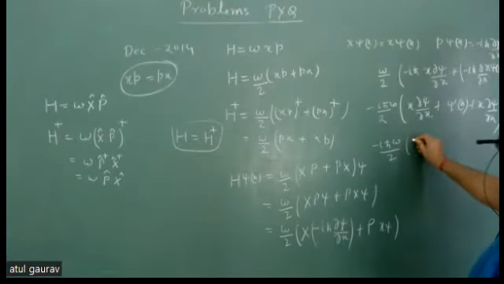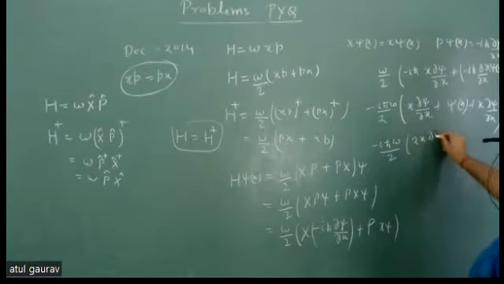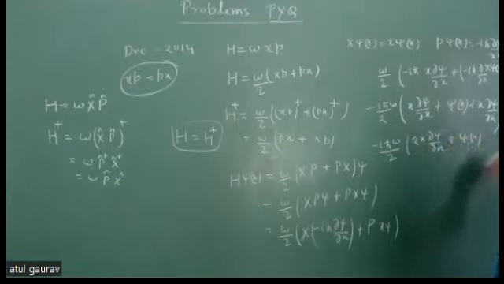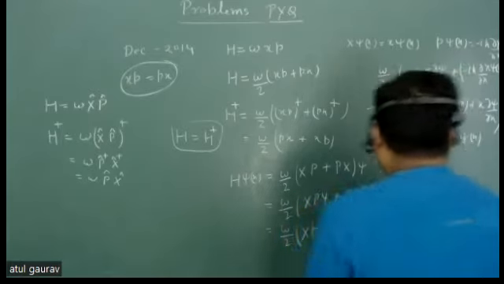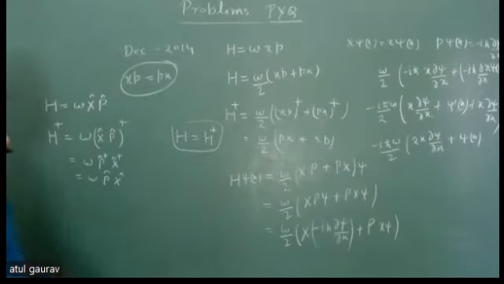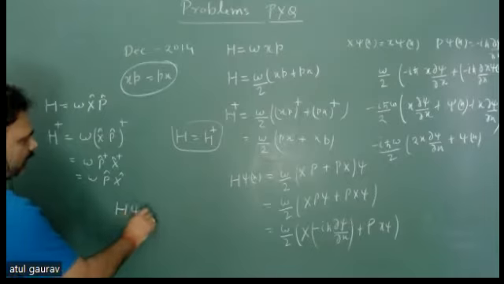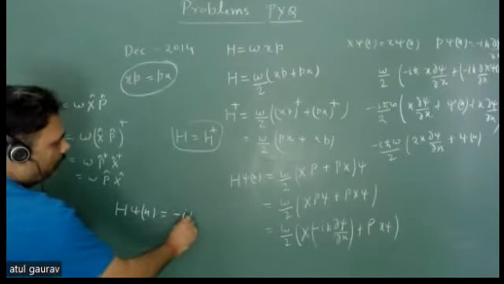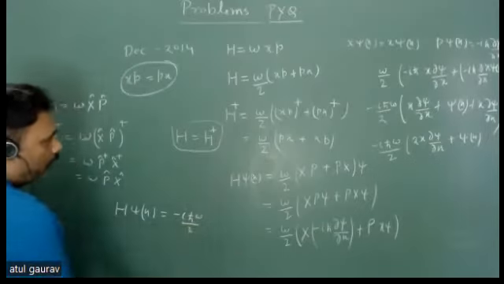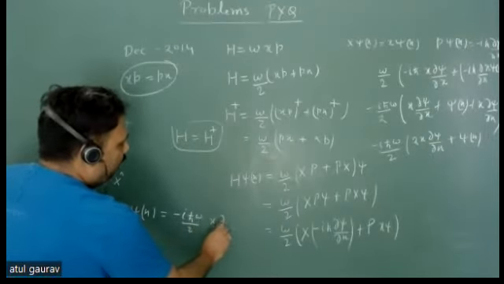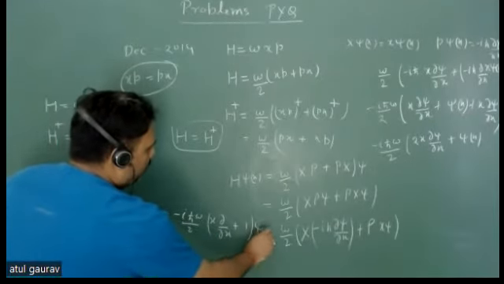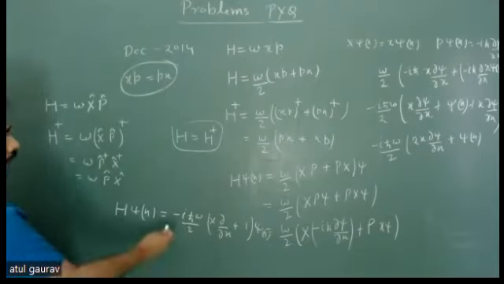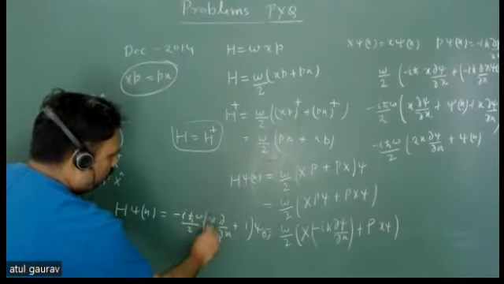We have 2x del psi upon del x plus psi. We can take psi of x out and compare these two things. So we have H psi of x equal to minus i h cut omega upon 2 times (2x del upon del x plus 1, an identity) psi of x.